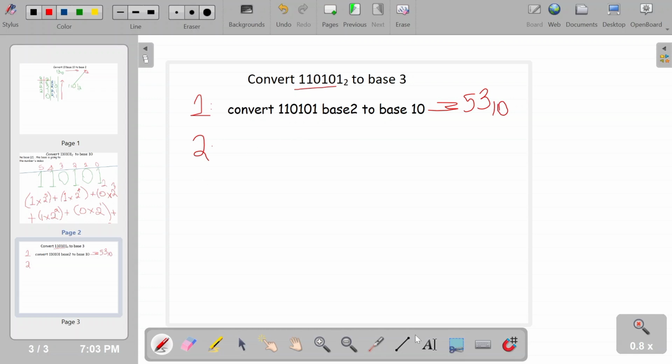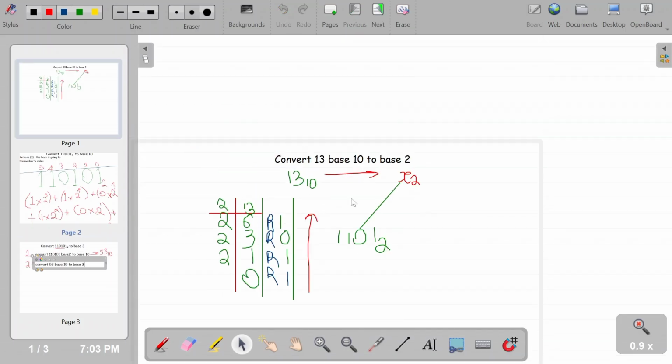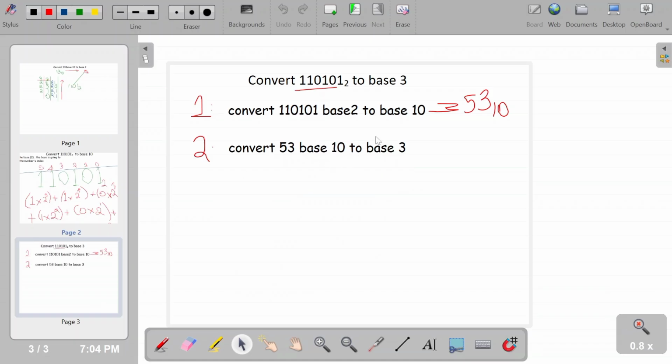Now the next step is to convert 53 base 10 to base 3, which is what we did here, where we converted something from base 10 to base 2. In this case, we're converting something from base 10 to base 3. Very simple. I'm just going to draw a couple of lines, line 1, line 2, maybe a green line for the remainder.